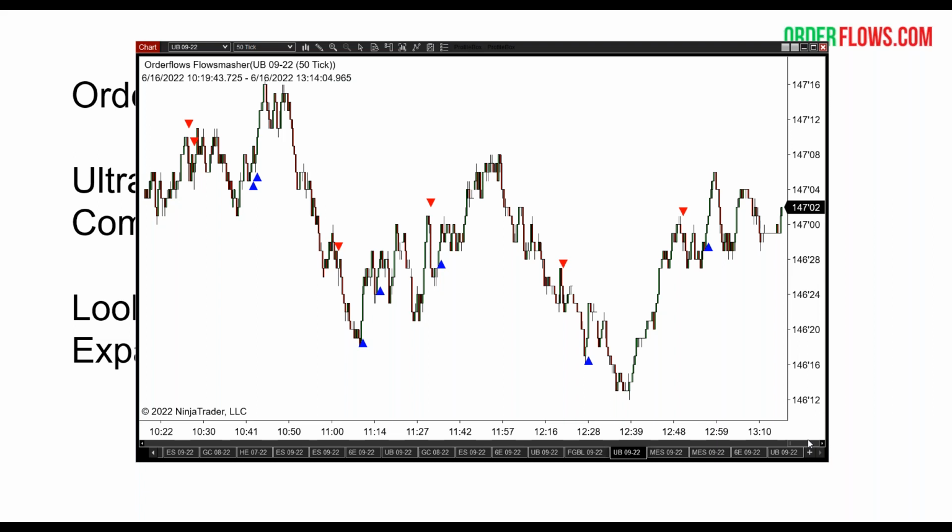The reason for that, in my opinion, is because the participants are different, right? You don't have that big retail participation that's sort of like this herd mentality. The only herd mentality you have are the big users of the products, people that are buying the corn, people that are buying the wheat, that have to use it, right?